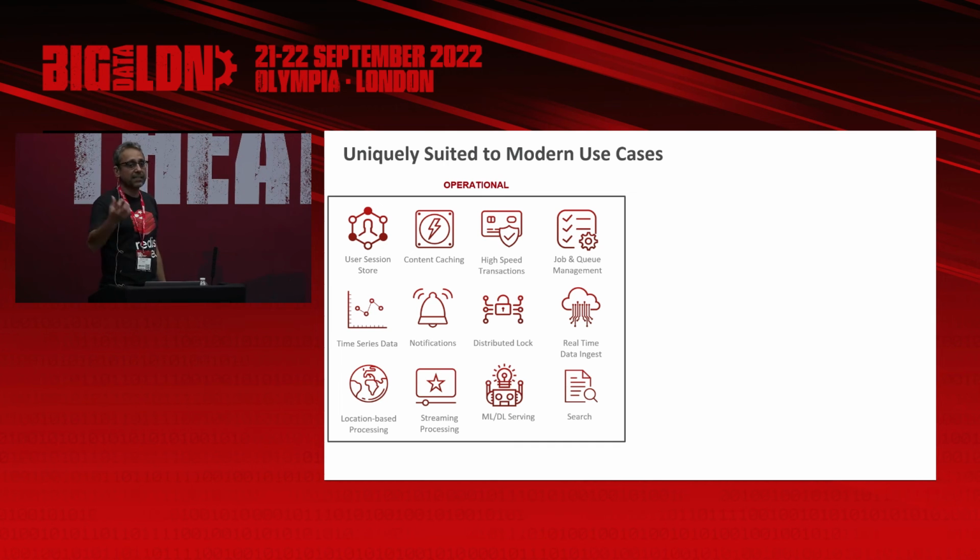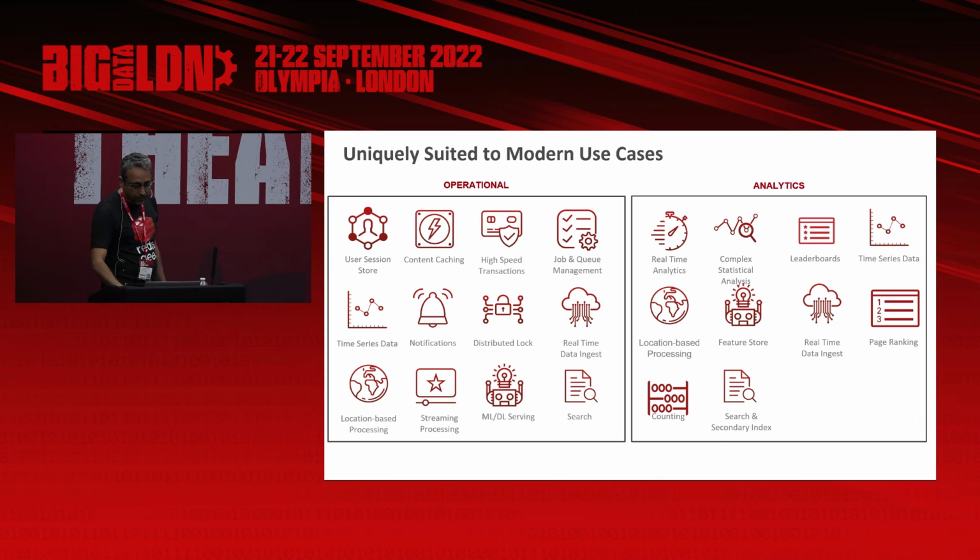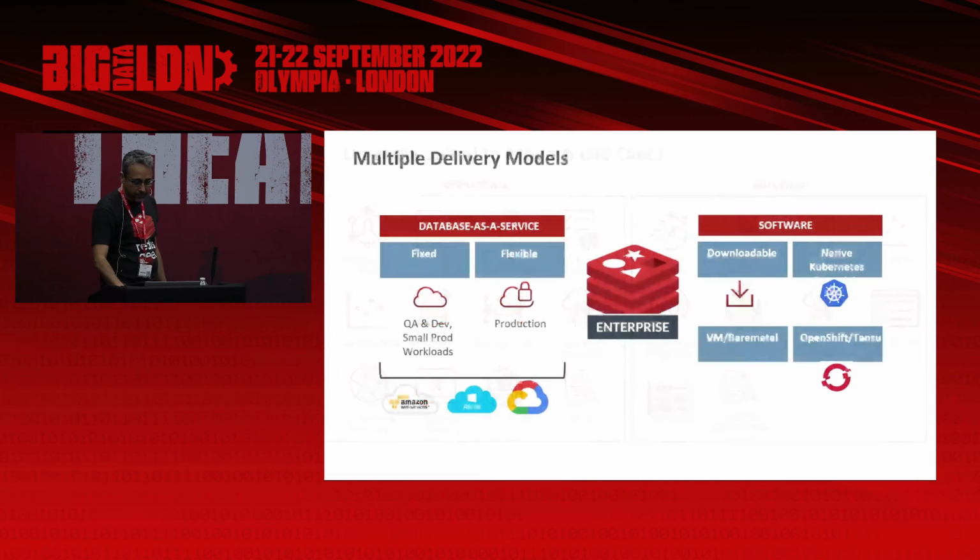You can use Redis as your messaging system for that. You can use Redis for your jobs and queue management also. Redis can also be used for real-time analytics. It can be used for location-based services and searching and secondary indexes. There are modules available. If you want to have connected data, you can also use Redis as a graph database there. So feature store is just one use case for Redis.